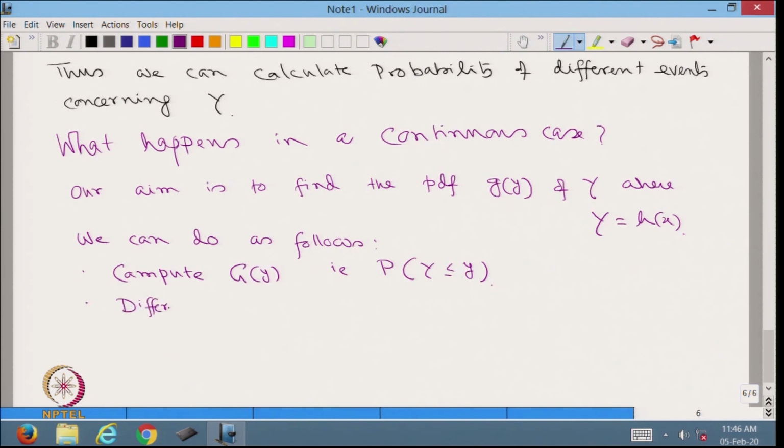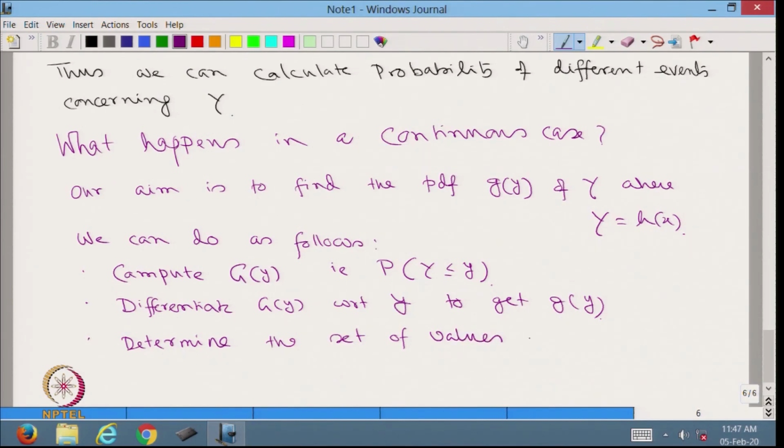Differentiate G_Y with respect to y to get g_Y. Determine the set of values of y such that g_Y is greater than 0. But the main question is how to get probability capital Y is less than or equal to small y.